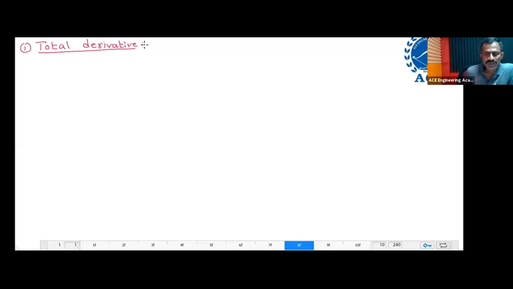For these functions, we discussed the methods of finding the derivatives. Explicit means, once again I revise, x square minus x y plus 4 equal to 0. From this, we can write the y variable in terms of all other variables only, x square plus 4 divided by x.